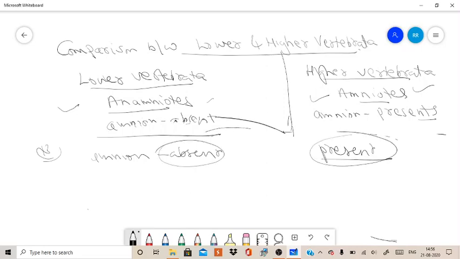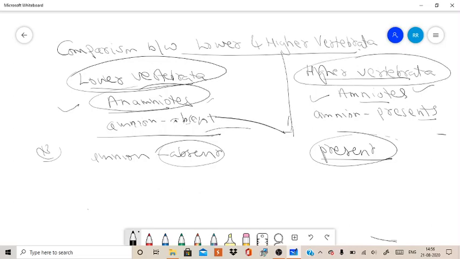So this is the most important difference between lower and higher vertebrates. So lower vertebrates are known as anamniota and higher vertebrates are known as amniota. So in this video, we have discussed the anamniotes, that is lower vertebrates, and amniotes, that is higher vertebrates.